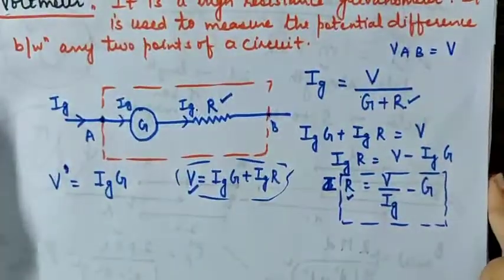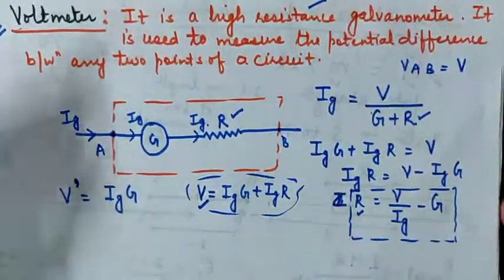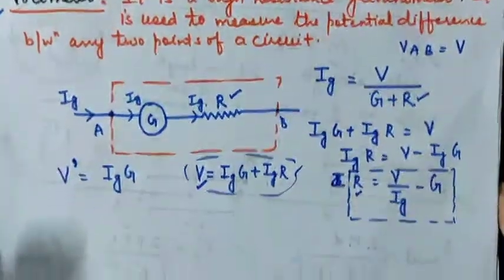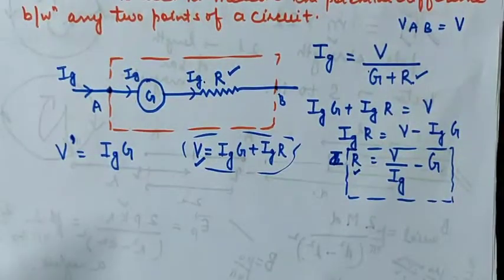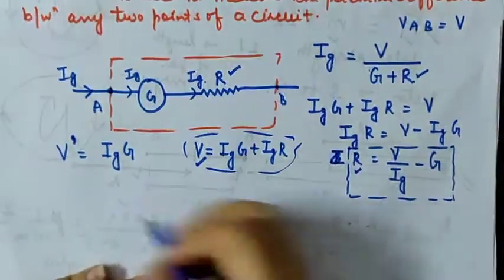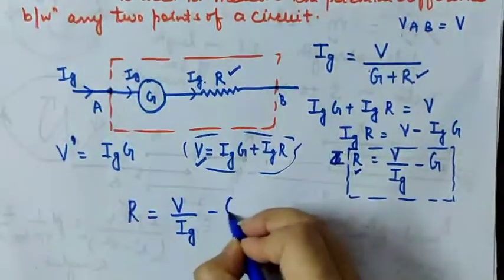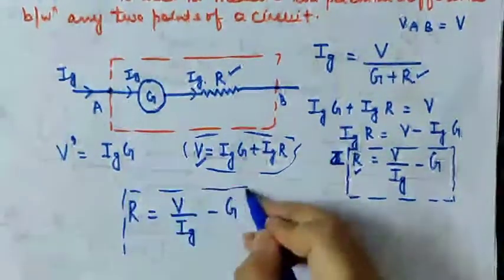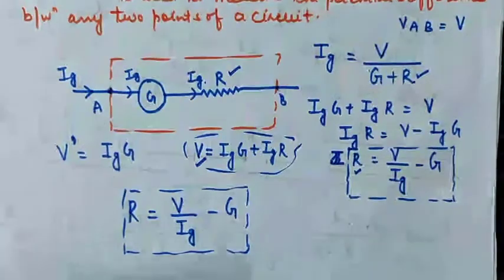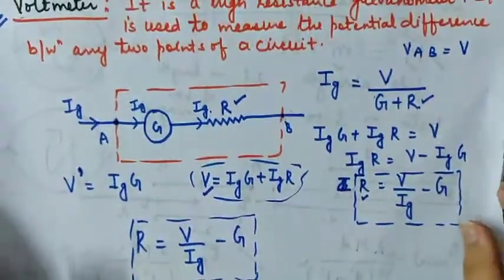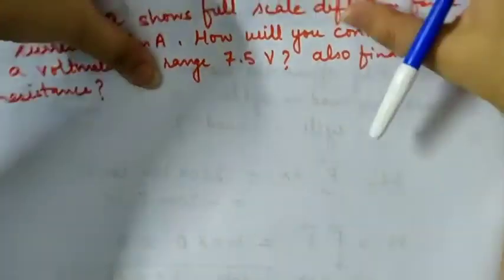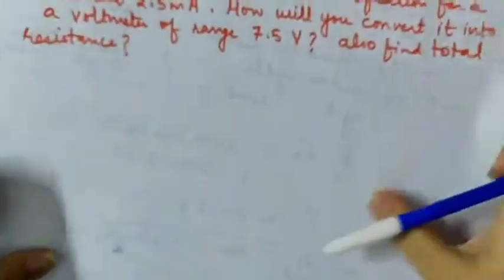So the voltmeter is said to be a more sensitive device as compared to the galvanometer in noting down the values of voltage or potential difference. So finally again writing down the answer, R is V over Ig minus G. Now learn this formula and we'll do one of the numericals for this also. We'll just be applying the direct formula for the purpose of that numerical.